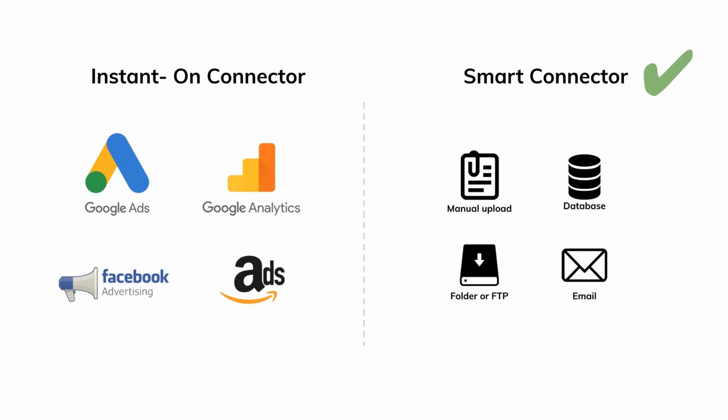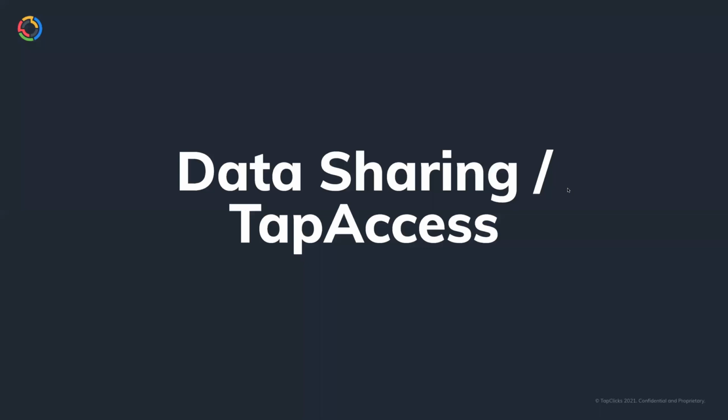But there are a bunch of different what we call delivery types, so different ways of getting data into the system, whether or not it's through a database or you can even email it to yourself. So the smart connector is a way of getting any other data that is not an instant on connector into the system. You're probably all aware of that, but if you're not, just wanted to do a little lingo bingo on that.